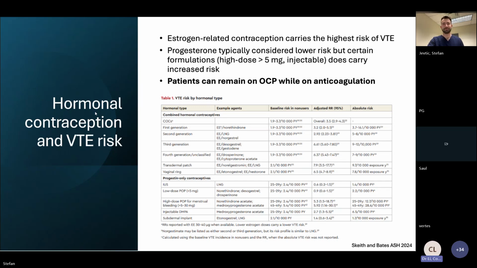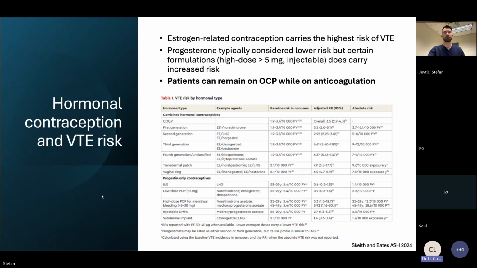Just wanted to clarify, because I understand from what you're saying that hormonal contraception you would view as technically a provoking factor. At the same time, patients could remain on OCP. From a counseling perspective, do you tend to suggest that they switch to something like an IUS?